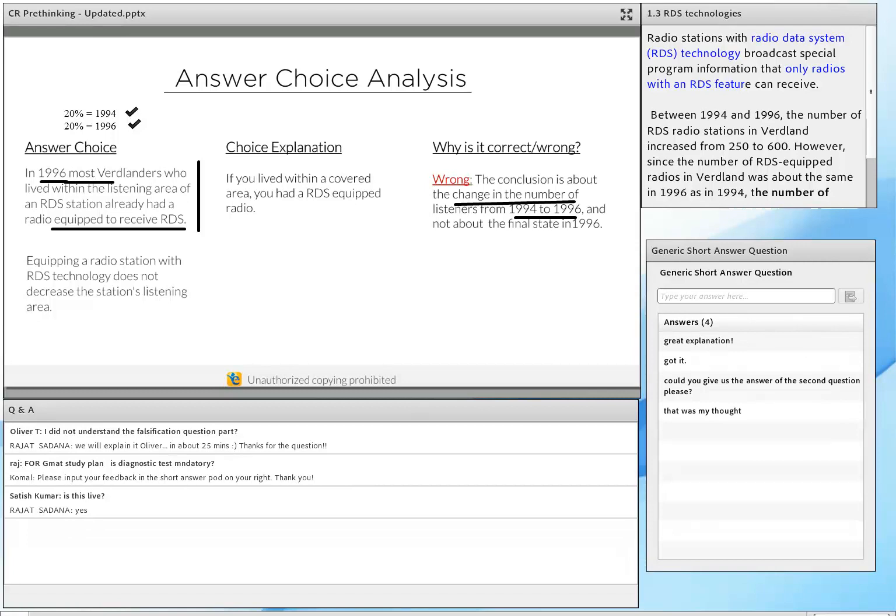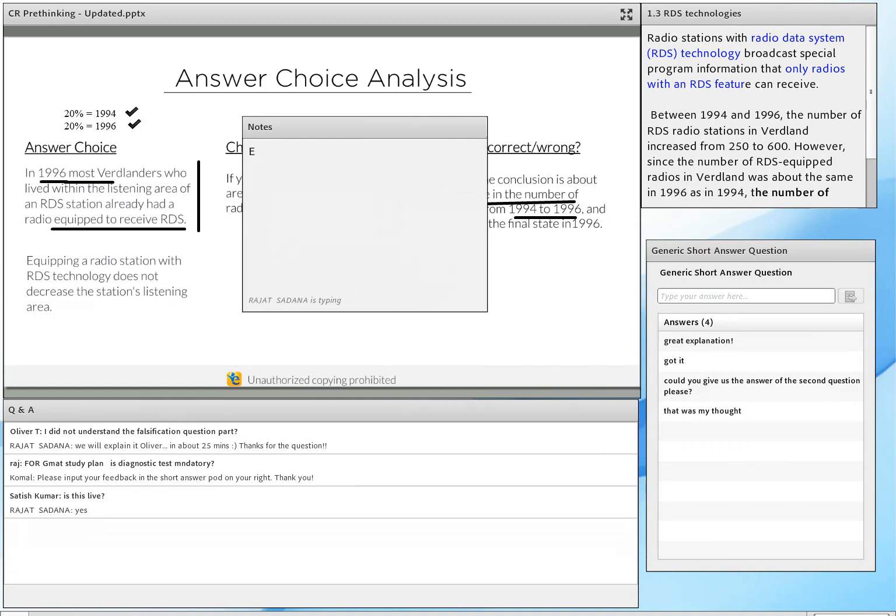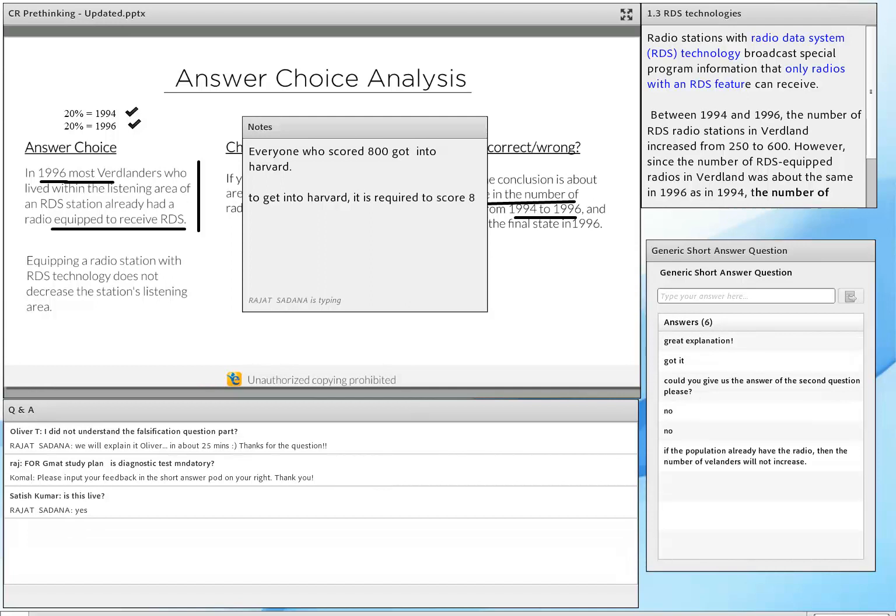If I give you a statement, everyone who scored 800 got into Harvard, would you conclude that to get into Harvard, it is required to score 800? Would you conclude that? No, you won't.